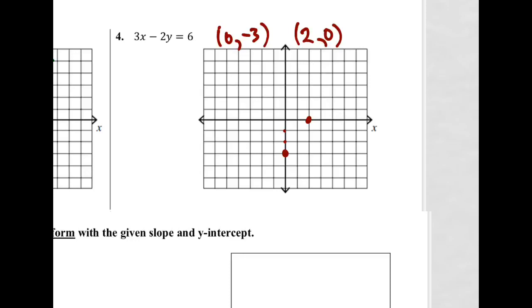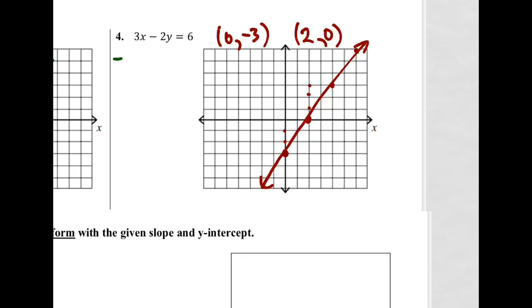It even shows us our slope of up 3 over 2. So we could keep going up 3 over 2 to get the rest of the line. And so using zeros, x and y intercepts, was an easy way to have done this problem. Okay. We could have just as easily, I'll show you this way, solved it for y and then graphed it using slope-intercept.